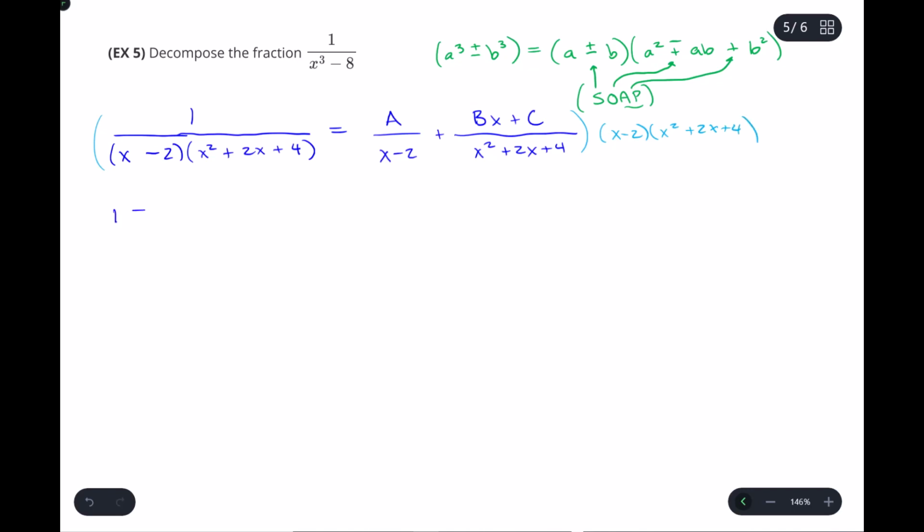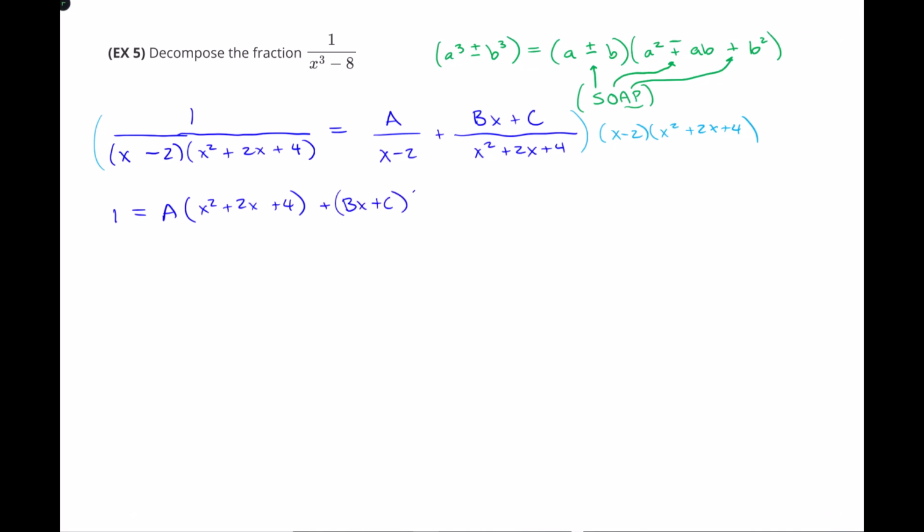So that leaves me just 1 over here on the left-hand side. Then a times the quadratic, so x squared plus 2x plus 4. And bx plus c in parentheses, that's important, times the quantity x minus 2. And that's important that that's also in parentheses because it's the whole value times this entire value, which we're going to have to FOIL to work through.